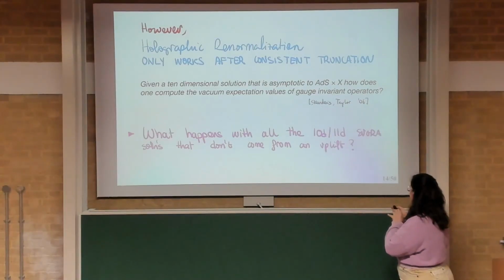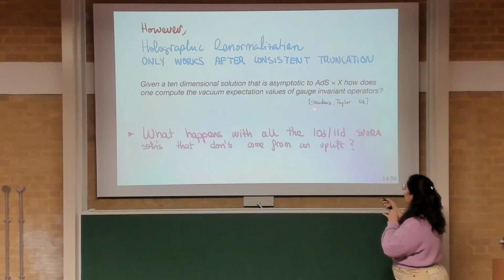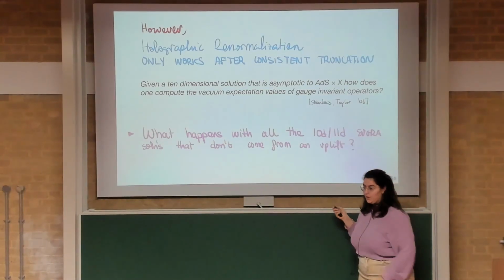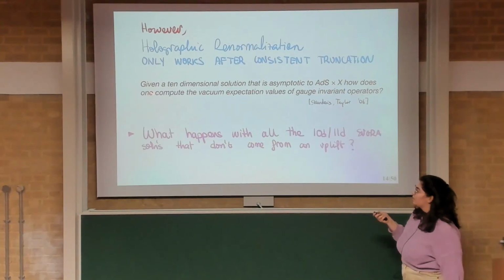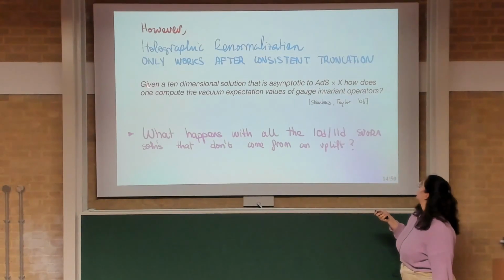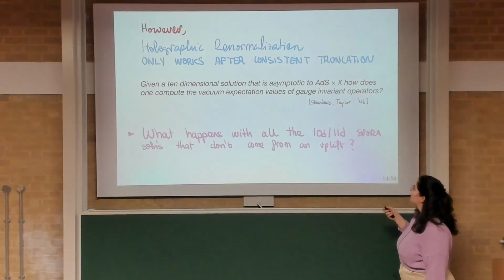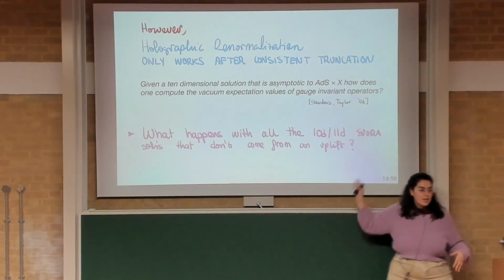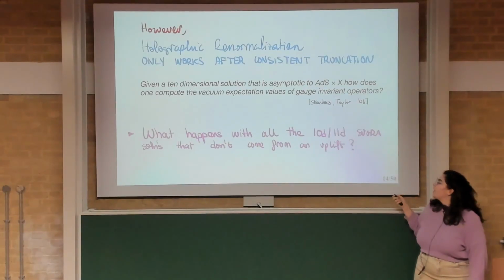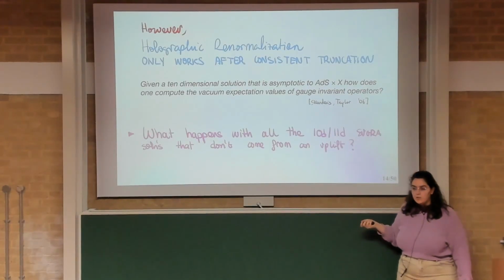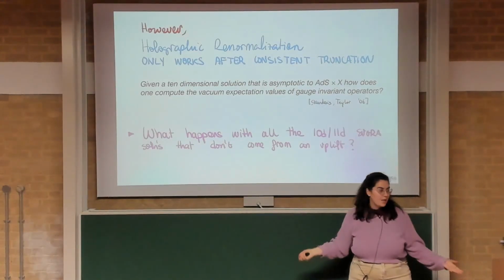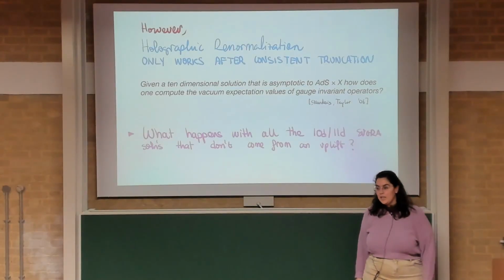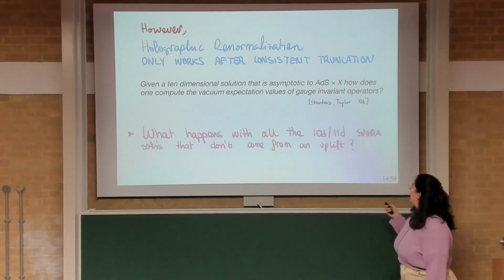And in this paper by Skenderis and Taylor, where they compute those kind of correlations that you were mentioning, it's a paper called Kaluza-Klein holography, and they ask this question of, given some 10-dimensional solution that is asymptotically AdS times compact manifold, how can we compute expectation values of some operators that are gauge invariant and that I know how to compute in the dual field theory.